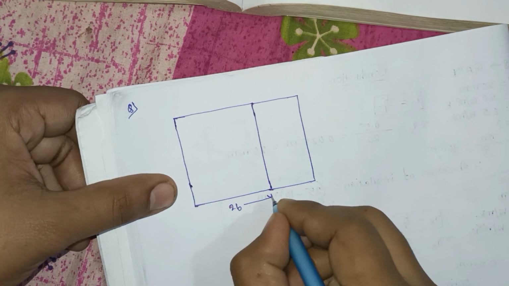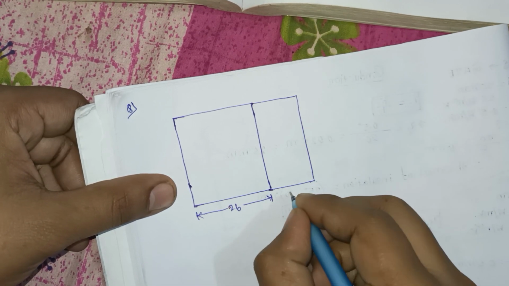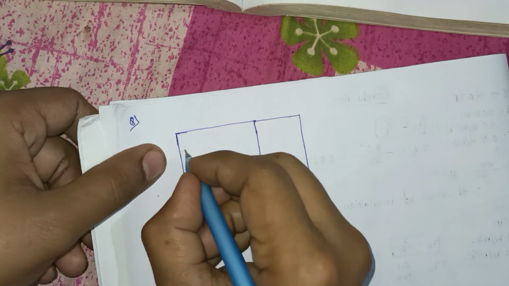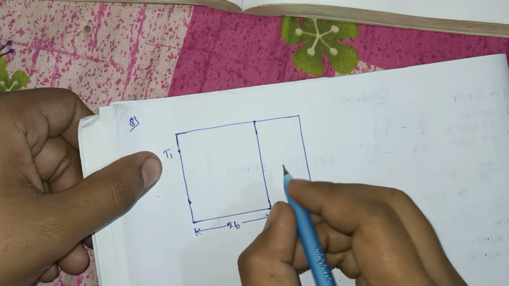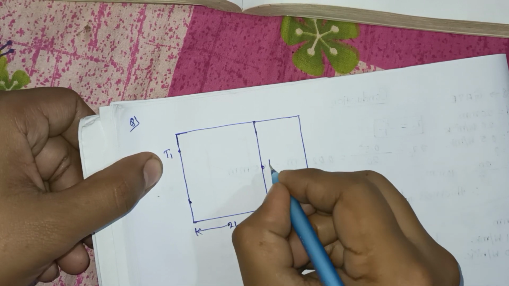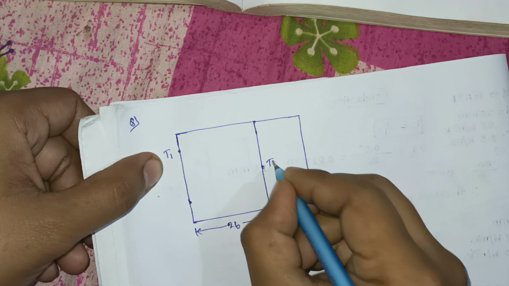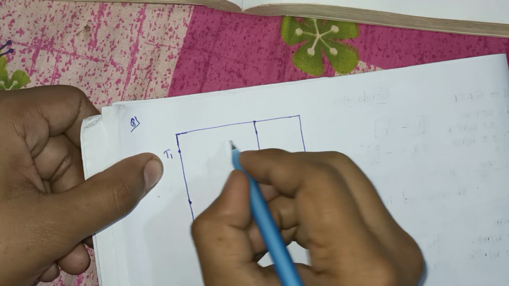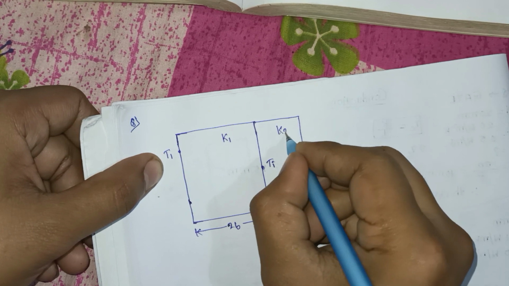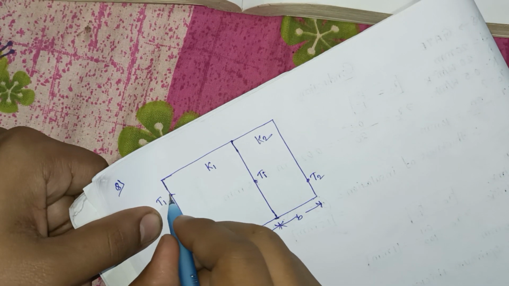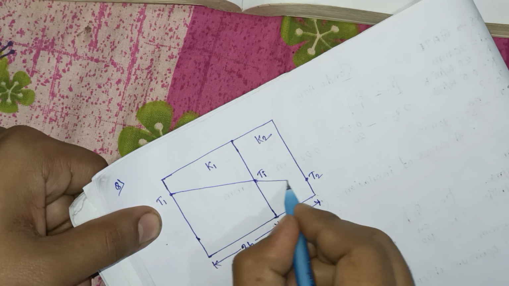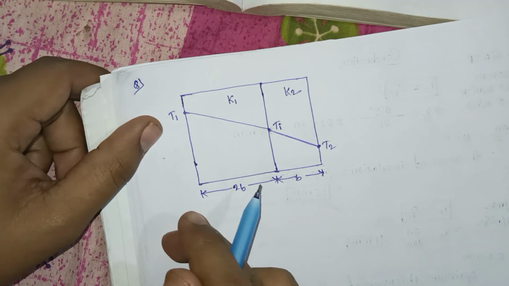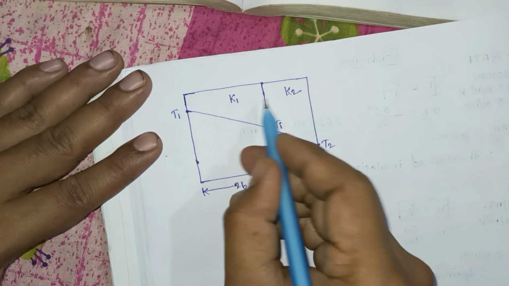The length of this slab is 2b, and this is only b. The temperature here is T1, this is the intermediate temperature, and here the temperature is T2. Thermal conductivity K1, this is K2. Here this is the temperature distribution. So you have to find out the relation between K1 and K2.